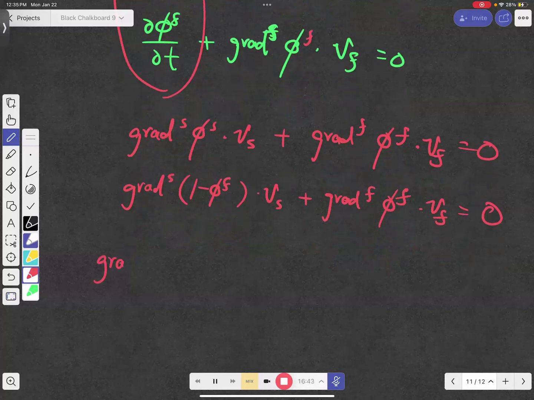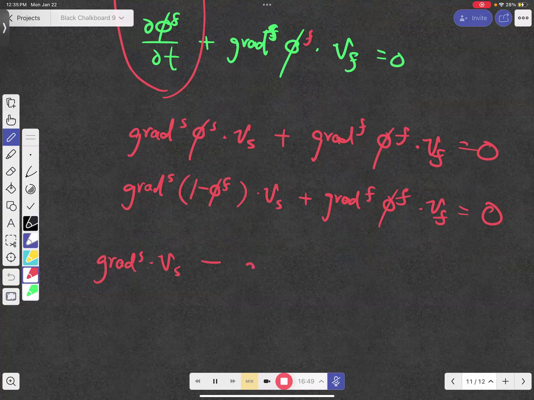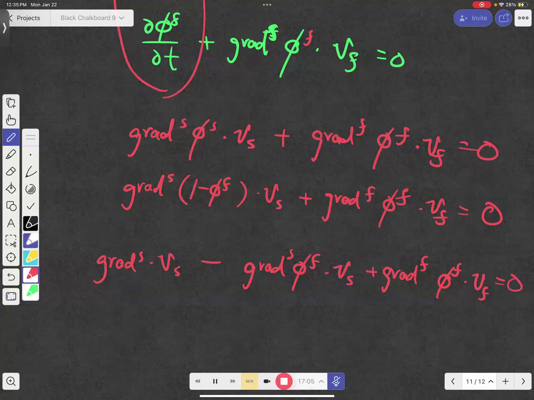Let me take care of this gradient of s dot ds. So this is a 1 term minus the gradient of... okay, so far so good. What should I do next?